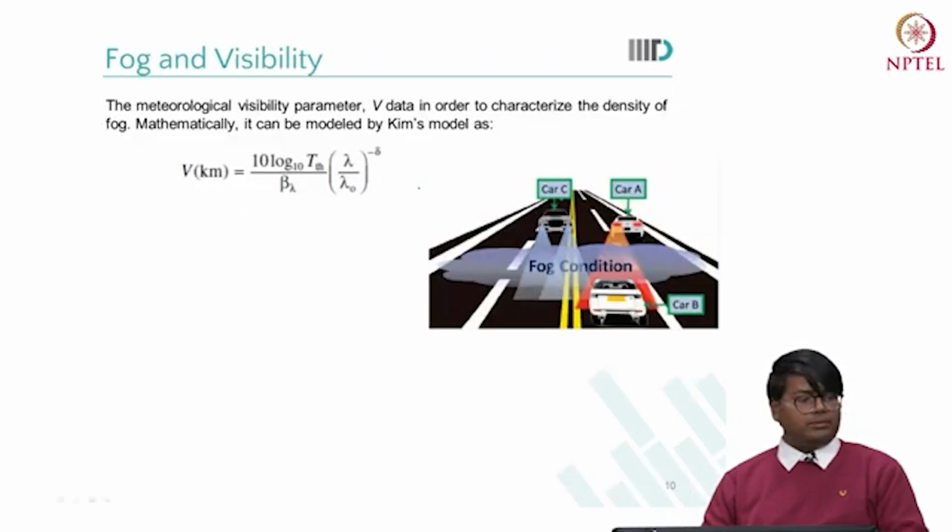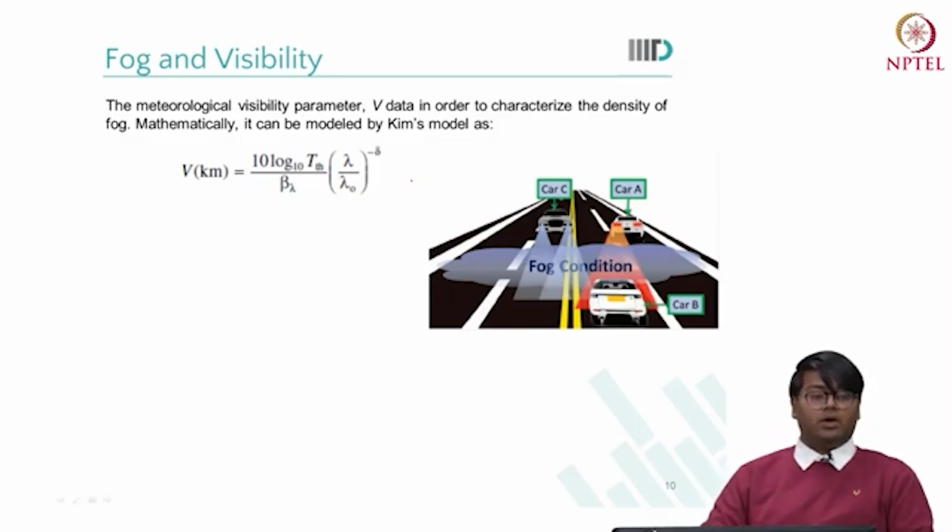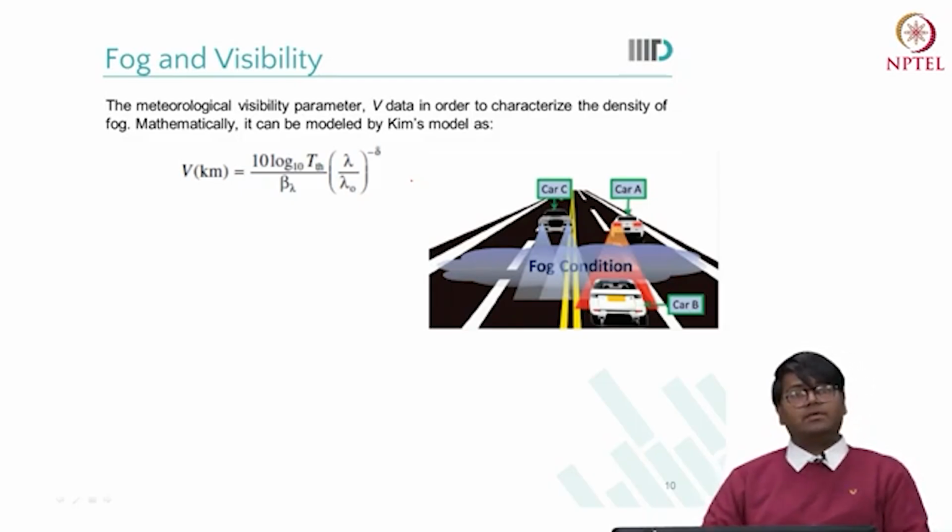Now let us discuss how weather conditions, in particular fog, affect the performance of vehicular VLC. Let us formally define what is fog. The meteorological definition of fog is given by a parameter known as the visibility parameter.